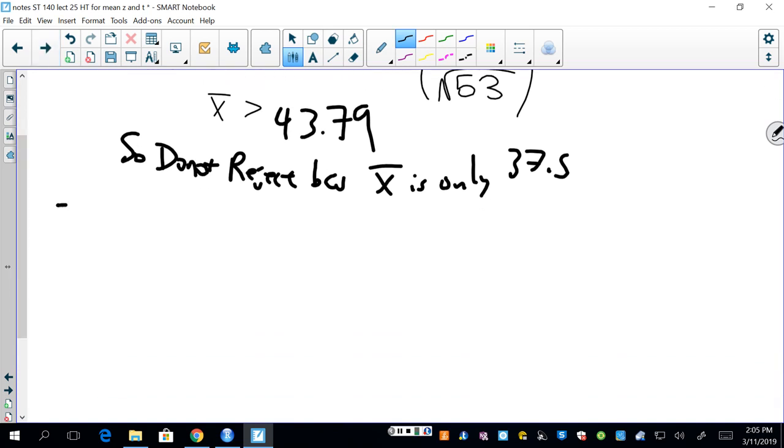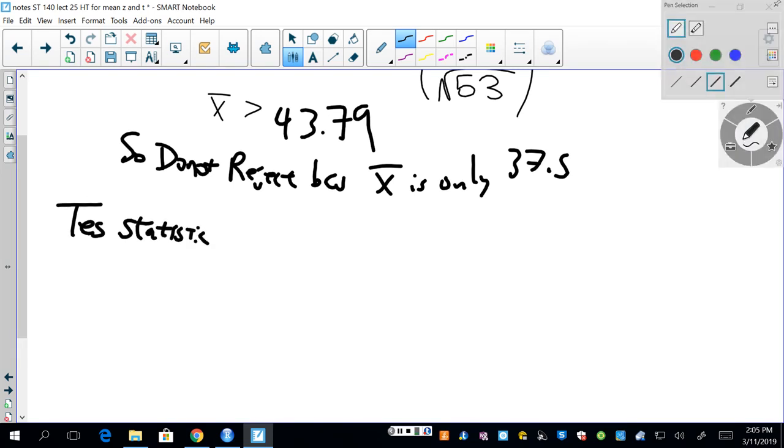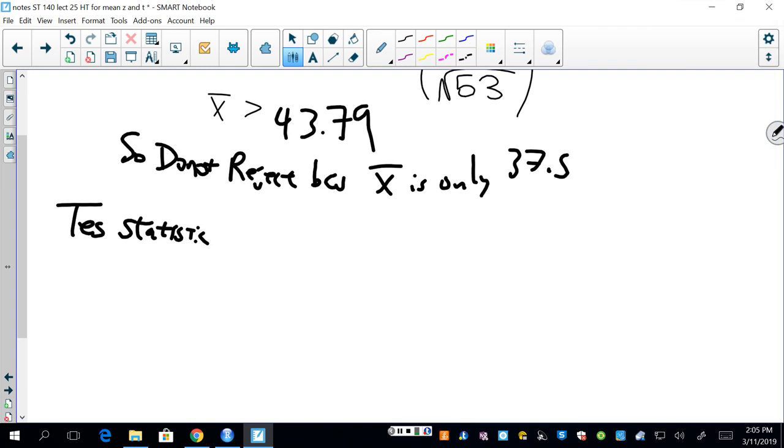The test statistic method calculates a t-value: x bar minus mu sub 0 divided by s over the square root of n. We calculate how many standard units away from mu sub 0 we are.